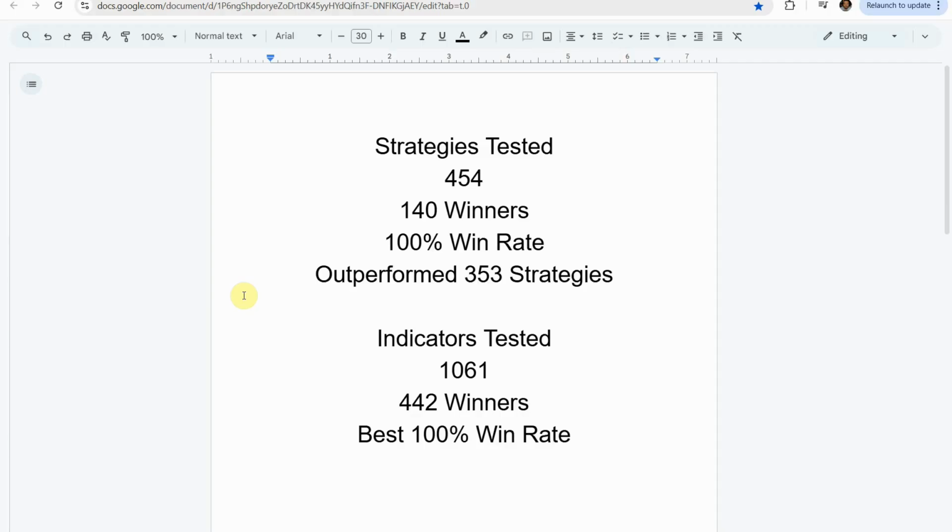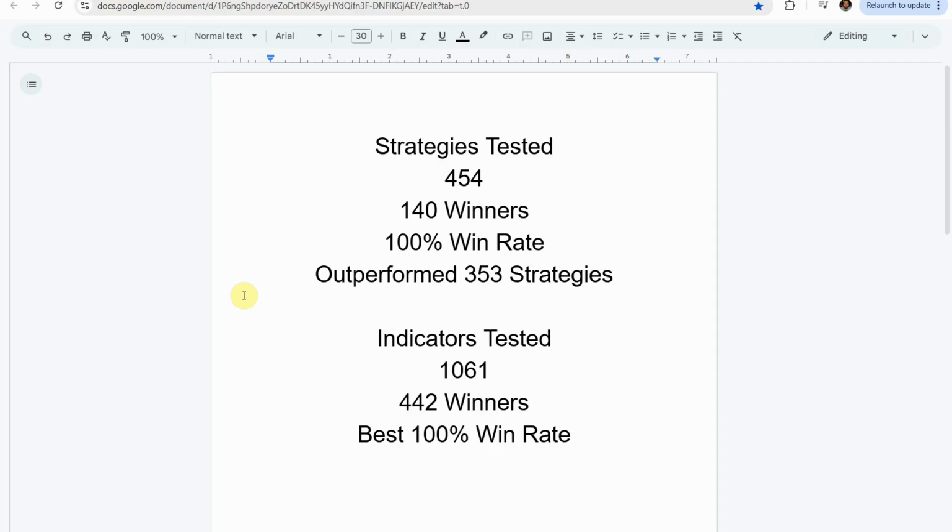Alright, as I said, today we will be testing a Forex day trading strategy. Before we do though, I wanted to put the testing scoreboard up for everyone to see. So to date, we have tested a total of 454 different strategies, with 140 of them being winners. The best one so far was able to achieve a 100% win rate.